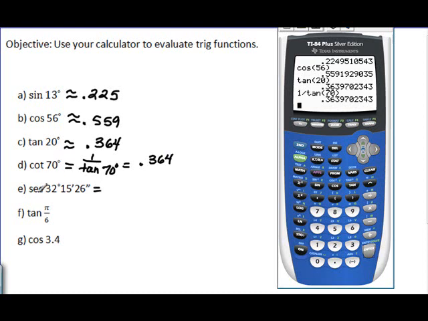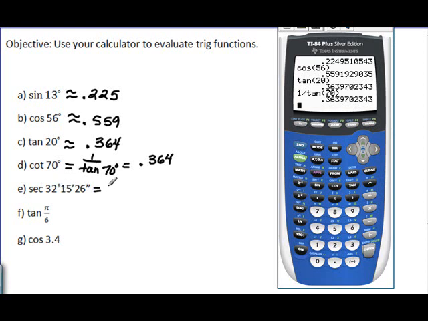Now, what in the world is this if I have secant of 32 degrees, 15 minutes, 26 seconds? So I've got to convert these to a degree in terms of a decimal format because I don't have a way to enter the minutes and seconds. It's kind of like the minutes and seconds on a clock. It takes 60 minutes to equal 1 degree.